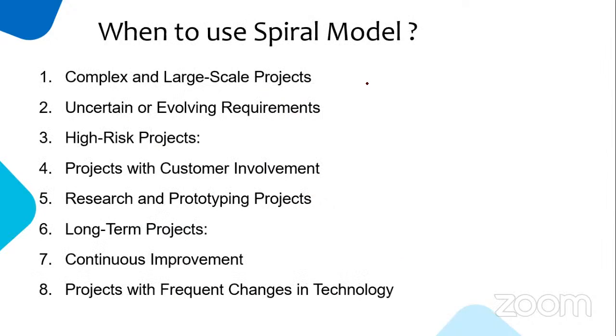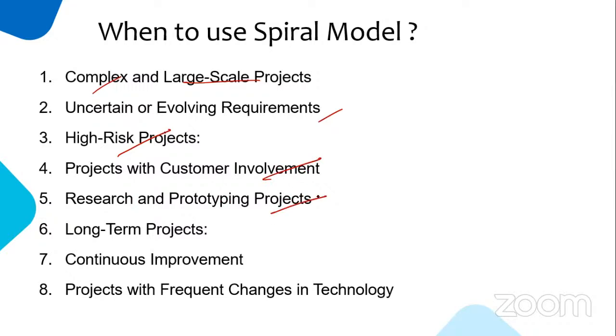We can use it when the project is complex, large scale, and you're not sure about the requirements. In simple words, the requirements keep changing. Uncertain or evolving requirements means requirements will get updated, which carries very high risk, and customer involvement is needed, plus research and prototyping.